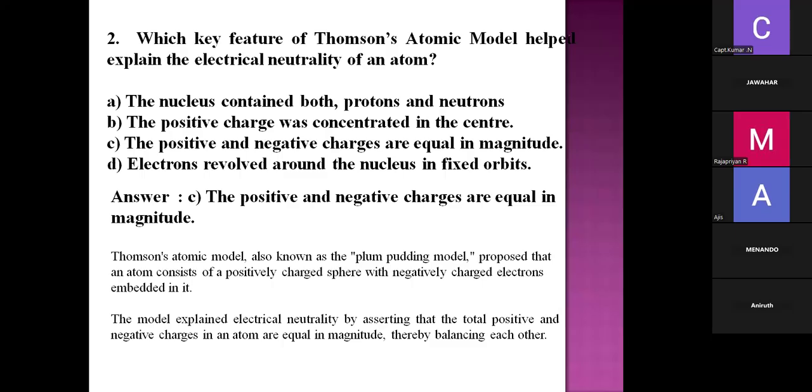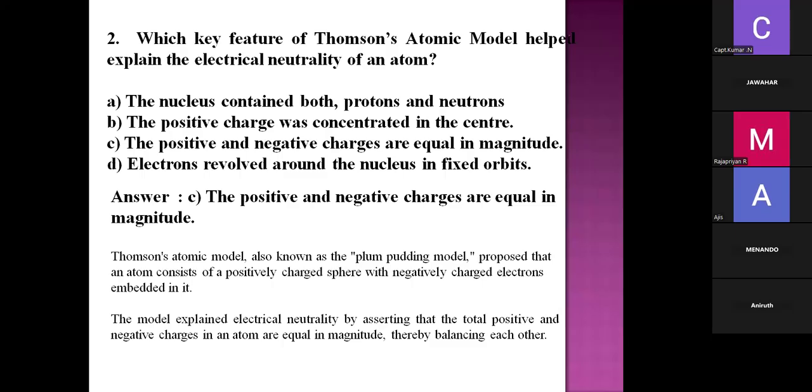In Rutherford's model, the atom was visualized as having a dense positively charged nucleus at the center surrounded by electrons. Thomson's model, in contrast, assumed a uniform distribution of positive charge. Fourth, the electrons revolve around the nucleus in fixed orbits. This concept is a feature of Bohr's atomic model, not Thomson's model.